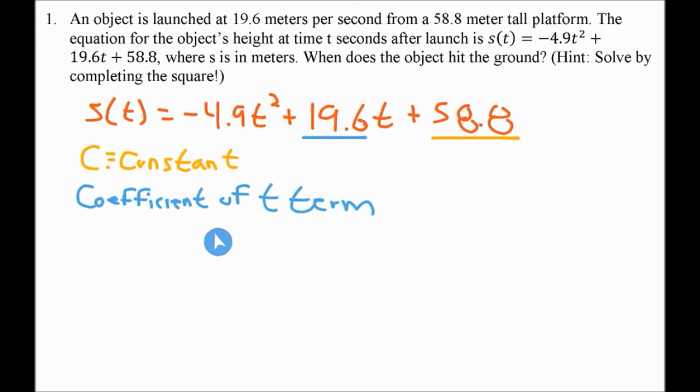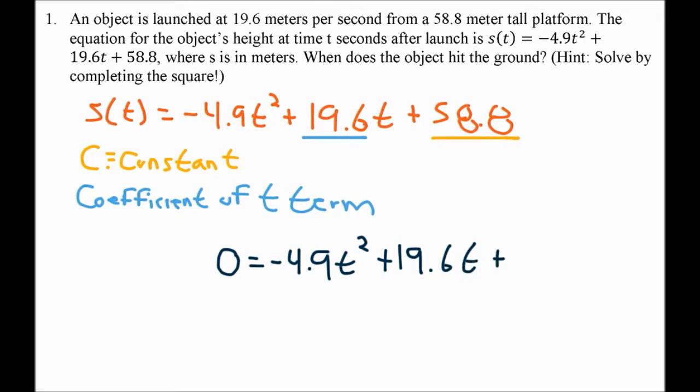We have 0 for s of t, and that's going to be equal to negative 4.9 t squared plus 19.6 t plus 58.8.